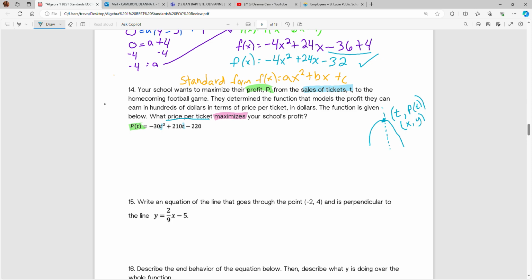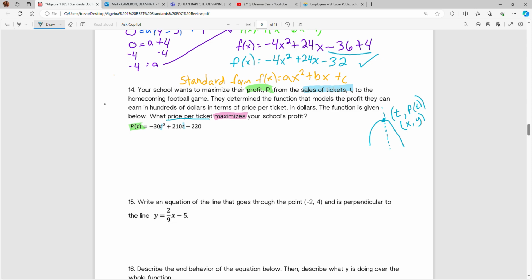I said that if you want to use it, if you want to get these questions right, you have to memorize your formula for axis of symmetry. They do not give you this formula on your reference sheet.